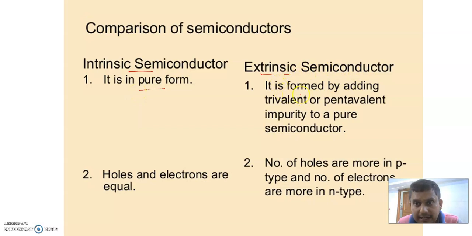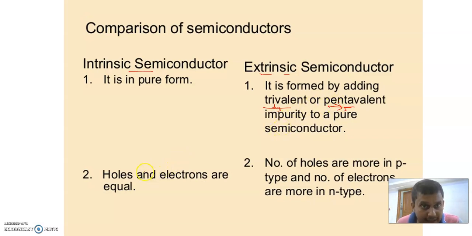The extrinsic semiconductor is formed by adding a trivalent or pentavalent impurity to a pure semiconductor. Trivalent means the atom carries 3 electrons in the outermost orbit, and in pentavalent, penta means 5, tri means 3. So pentavalent means it carries 5 electrons in the outermost orbit.